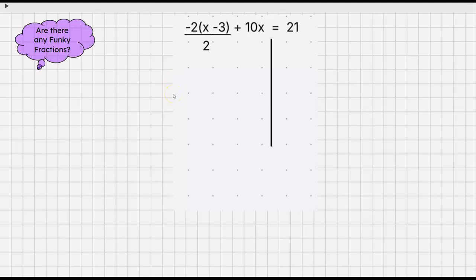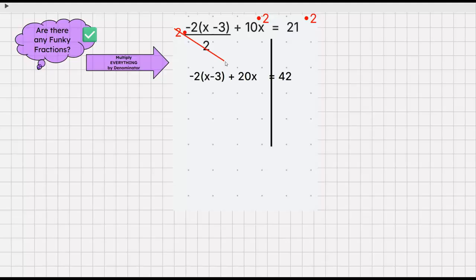We got to get rid of it. So are there any funky fractions? Yes, there are. So we're going to multiply everything by that denominator to get rid of it. So multiply everything by 2, not just the expression with the fractional expression, but also the 10x and the 21.